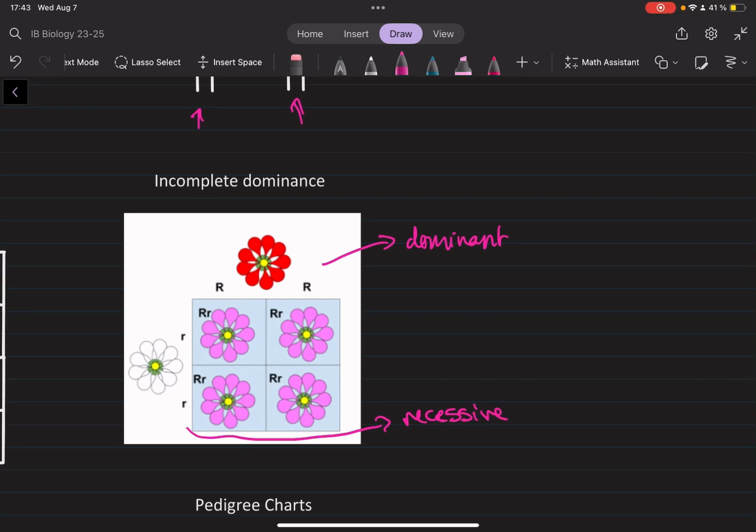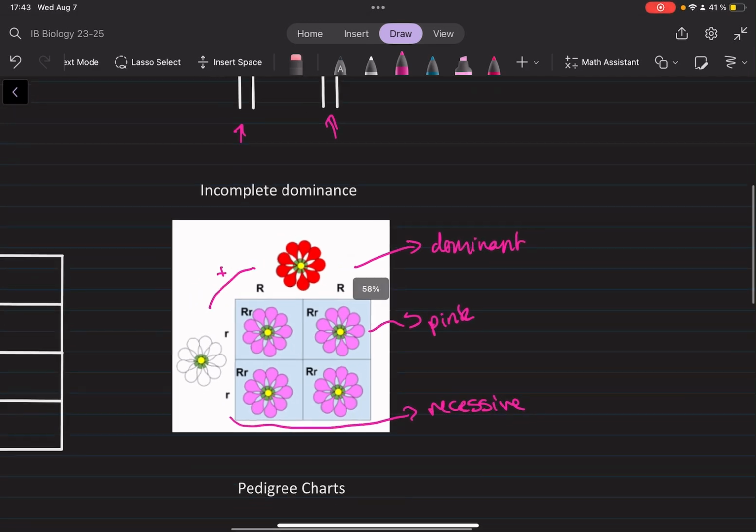However, the red isn't fully showing through because there's incomplete dominance. So you end up with a mixture of white and red, and you end up with pink flowers. So, pretty cool as well.